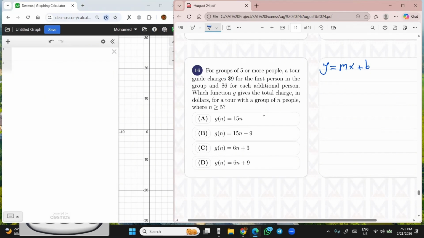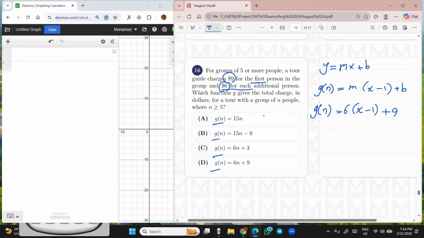So instead of y we can just write g of n, because it's written here, g of n, then m, then x minus 1, because we exclude the first person, and then plus b. And m is any number associated with the word each or per. Here, 6 for each additional person means 6 is the slope. So g of n is equal to 6 times x minus 1 plus b. And b is the initial value, the 9, which is given for the first person.